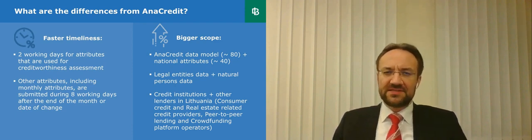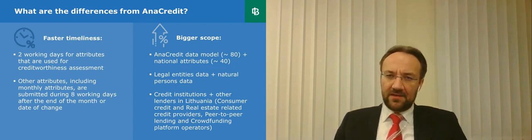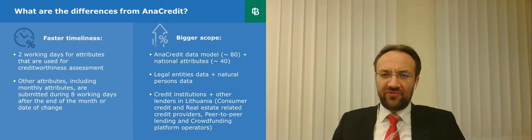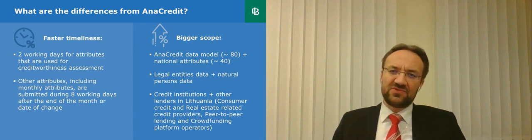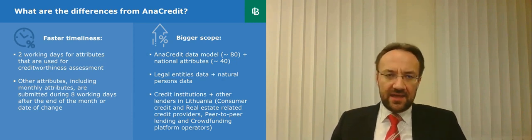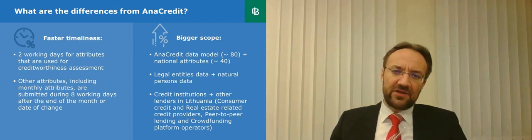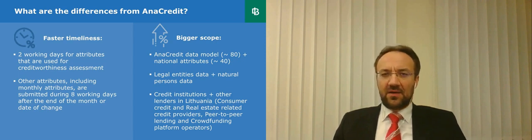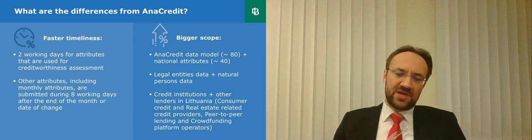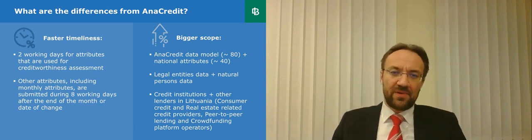In addition to all this, this very quick reporting of the most important attributes implies that the Bank of Lithuania has the most recent data on lending activities in the country, and as life showed, this played a critical role in the current COVID-19 context, when many economic policy measures had to be discussed and then eventually implemented.